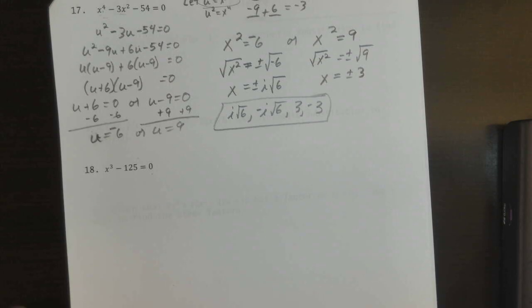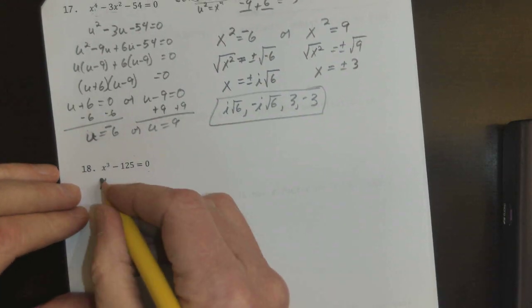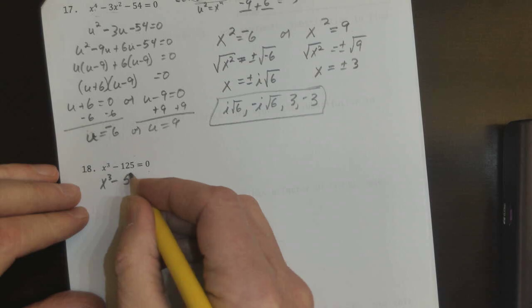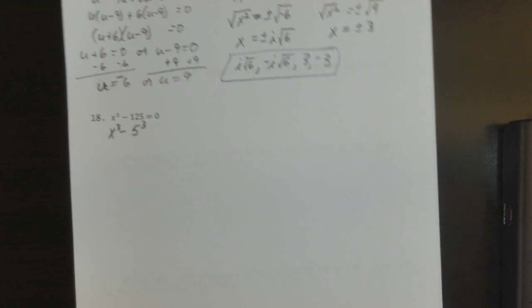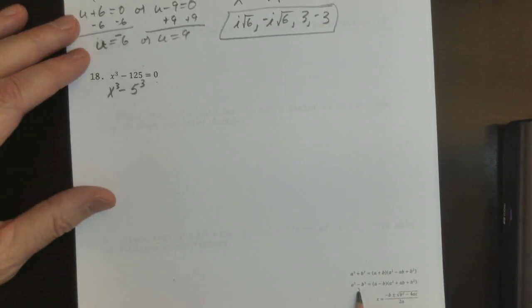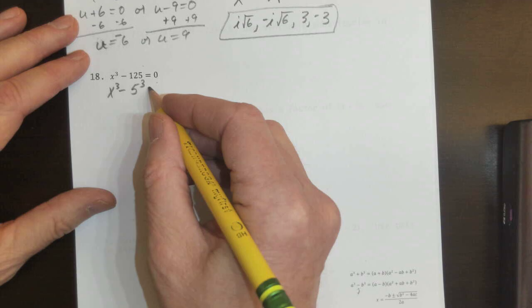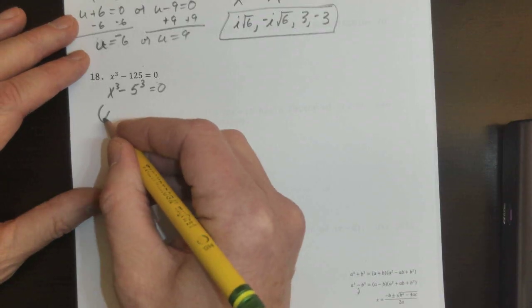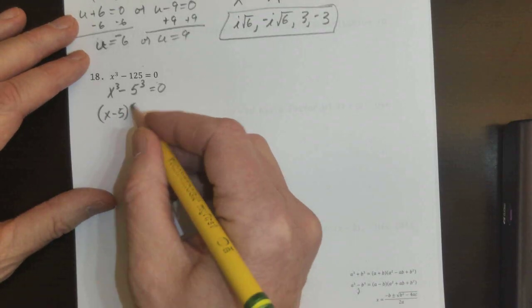Solving this, the first thing you're going to have to recognize on this one is that 125 is a perfect cube. So we have a difference of cubes. And if you look down here, we have the factoring that we can do. The x minus 5 will be here.